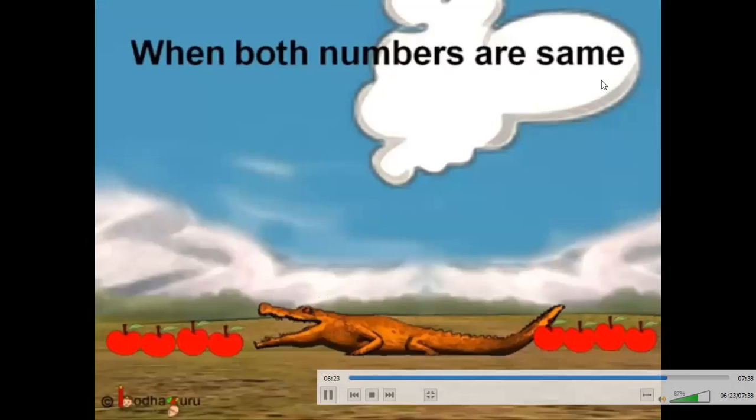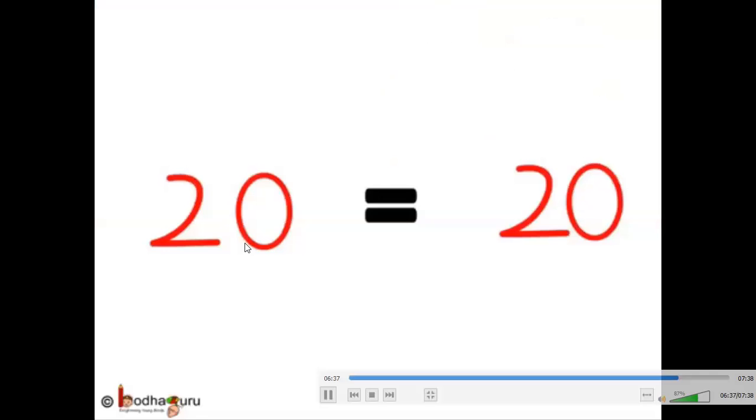If both the sides are the same, equal, then what will we write? 1 2 3 4, 1 2 3 4. Then we will use the sign of equal to, right? Just like 20 equal to 20, right?